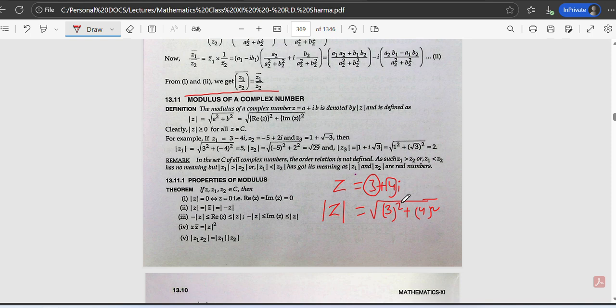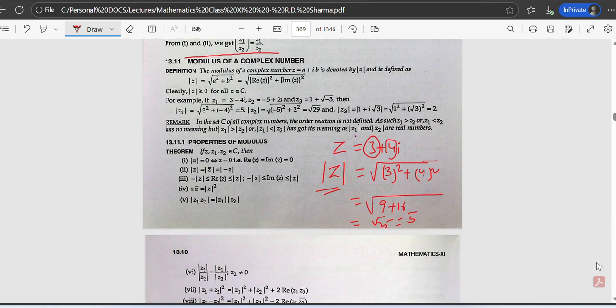Okay, and the whole square root. So you see how much it is coming. It is 9 plus 16, and this is 25, right? So it is 5. Okay, so the answer will be 5. I hope it is clear, right? So this is called modulus of a complex number.